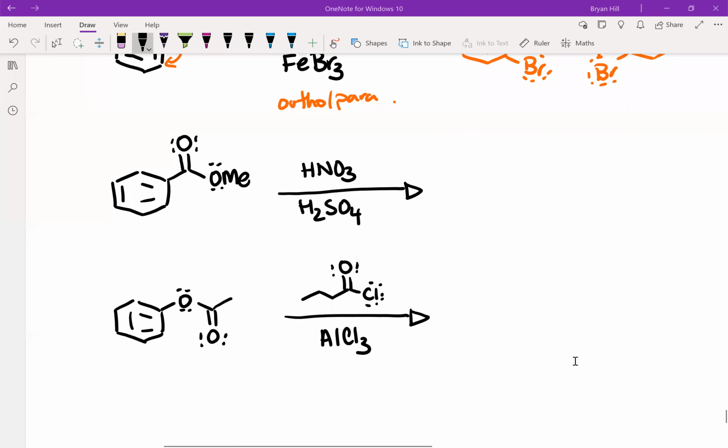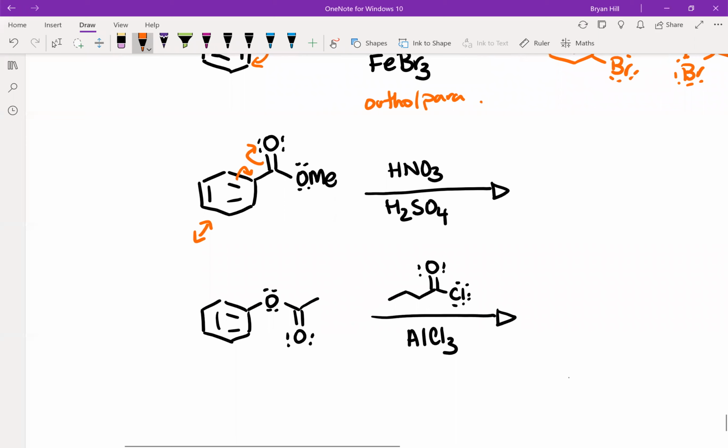So the first reaction is a nitration. The second reaction is a Friedel-Crafts acylation reaction. Okay, so with the ester attached this way, there is basically a resonance structure. I'll draw it over here to the side.